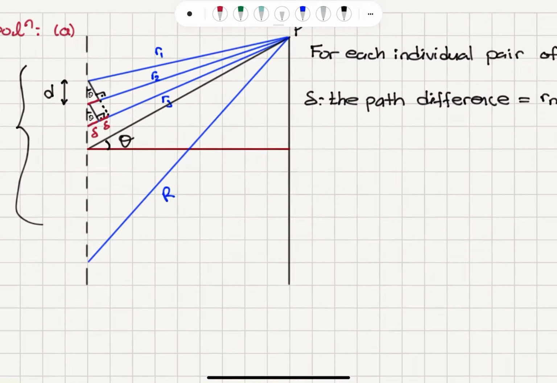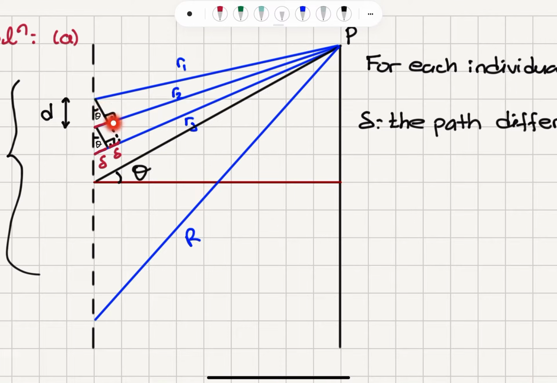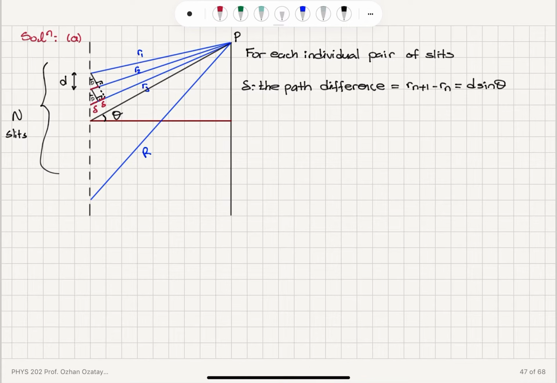As you can see here, d cosine theta, d sine theta. So the path difference divided by the wavelength is equal to the phase difference divided by 2 pi. So we find that the phase difference is 2 pi d sine theta over lambda.